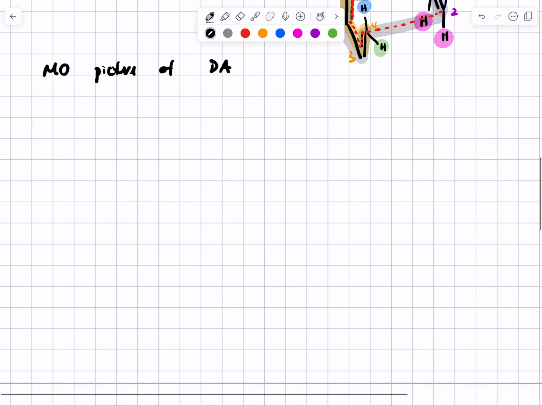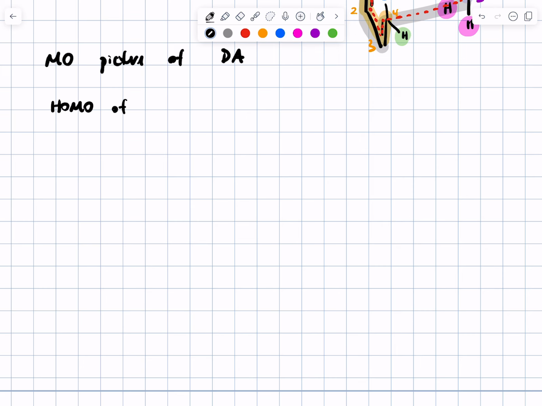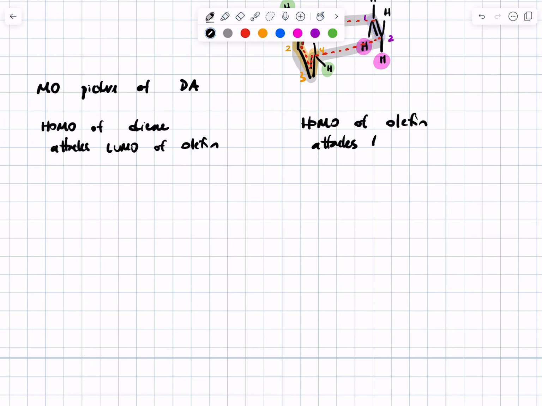As I said, this is the one reaction we've ever dealt with where you can't pick a nucleophile and you can't pick an electrophile, because you're going to see that the HOMO of the diene attacks the LUMO of the olefin at the same time as the HOMO of the olefin attacks the LUMO of the diene.